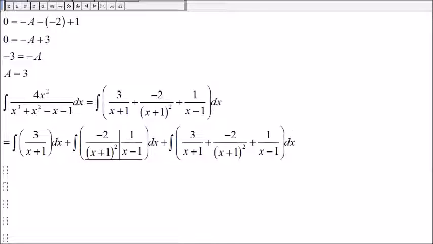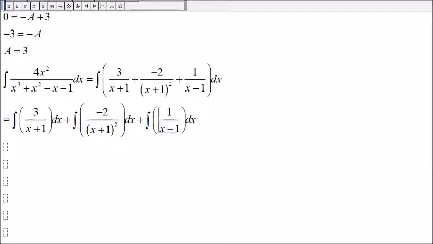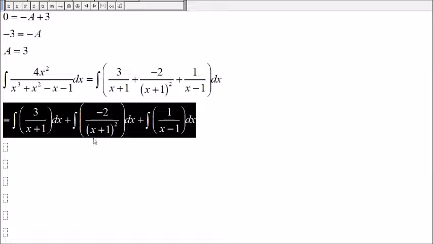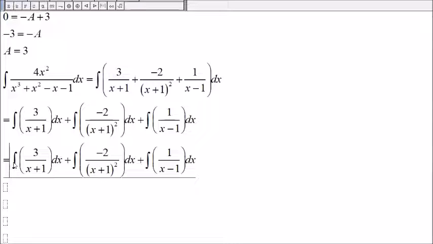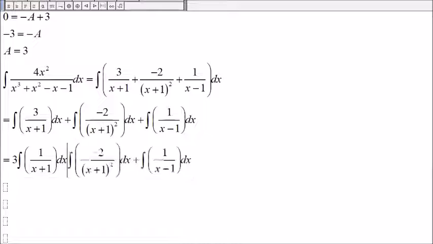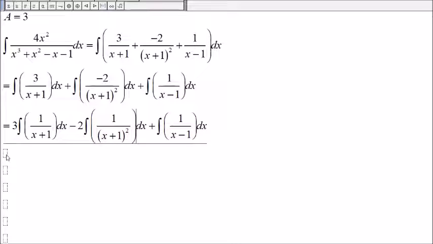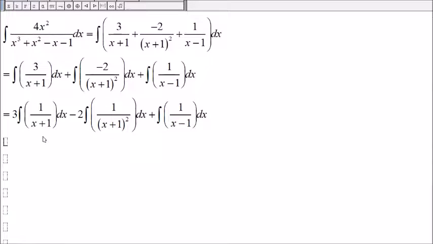And then we can separate these. And then we can move the constant 3 and place it in front of the integral sign. So this will be 3 times ln of x plus 1.